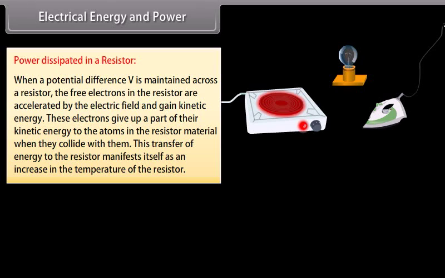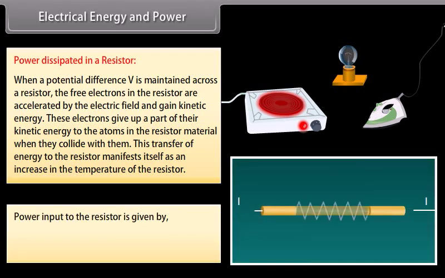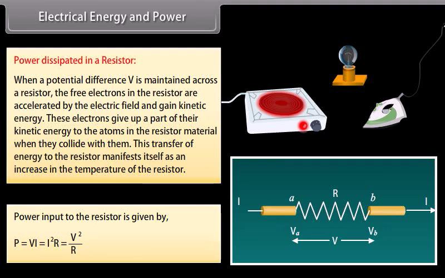This transfer of energy to the resistor manifests itself as an increase in the temperature of the resistor. Power input to the resistor is given by P = VI = I² R = V² / R.